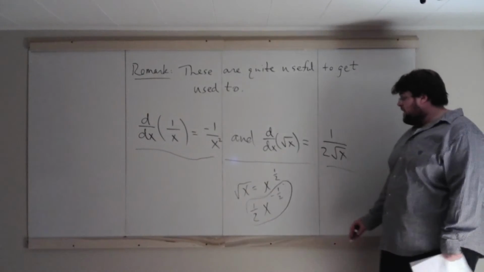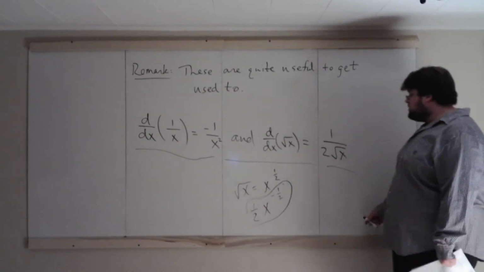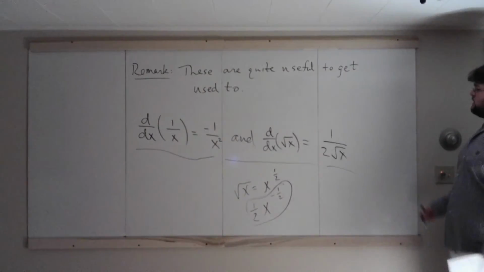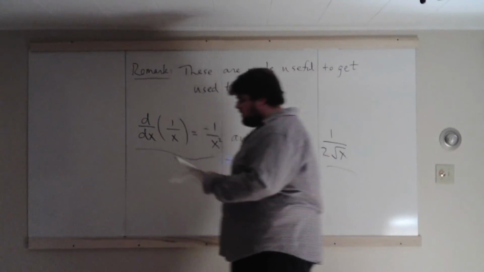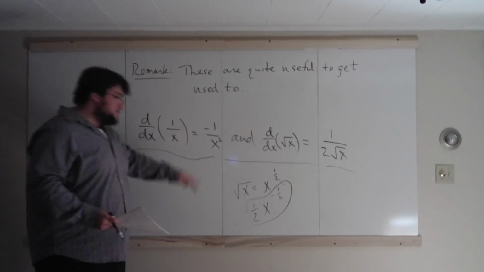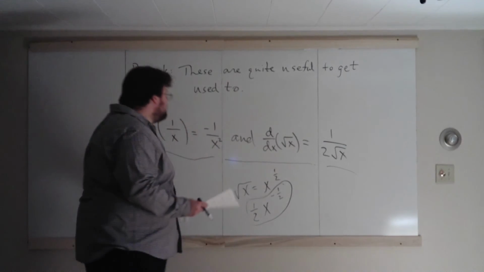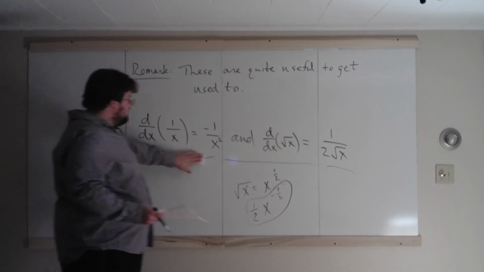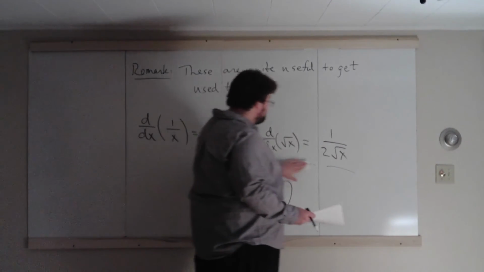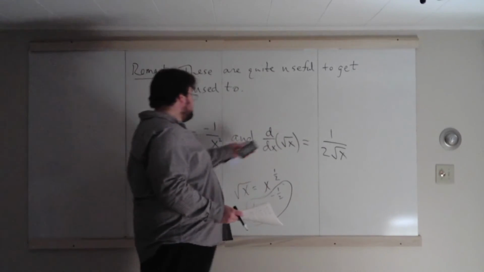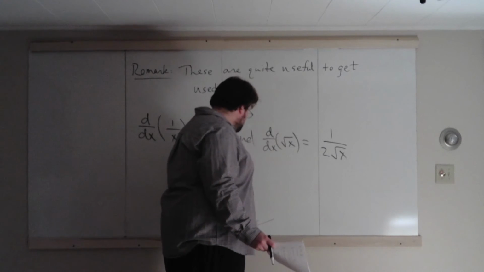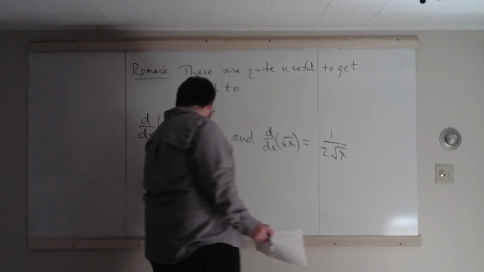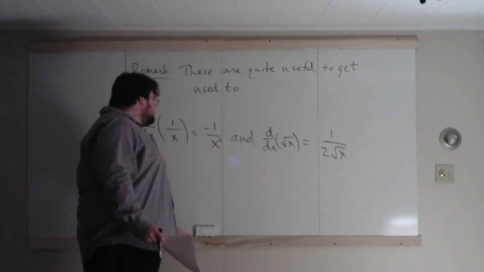But if you simplify that, remember x to the negative 1/2 is just 1 over root x. So you could simplify that as just this fraction. I'm making this remark now because we'll see later in the class there will be a bunch of times where these two functions come up and we need their derivatives, and we need to actually do things with them beyond just computing the derivative. So keep these in mind.